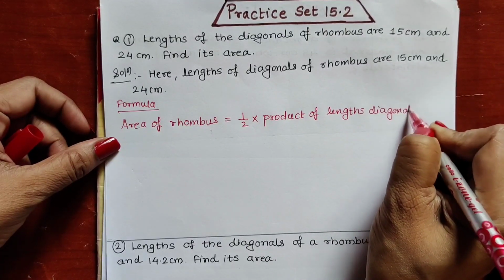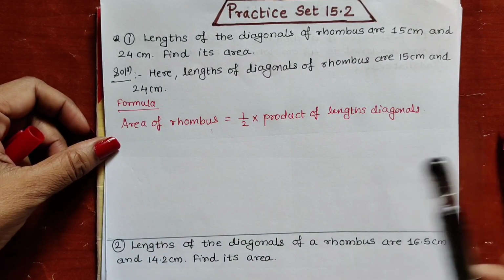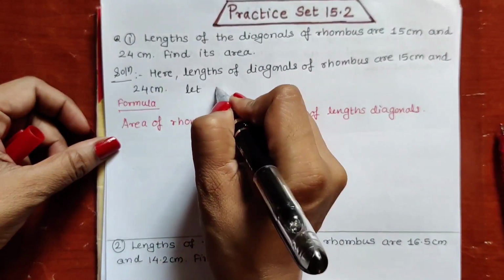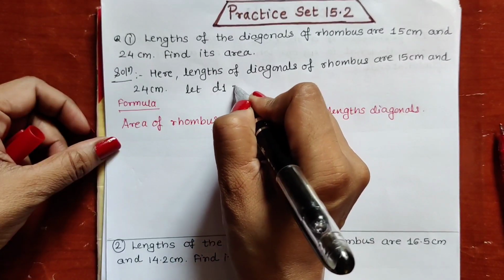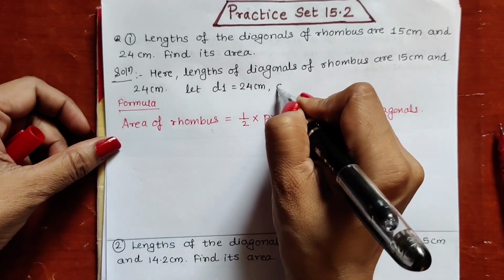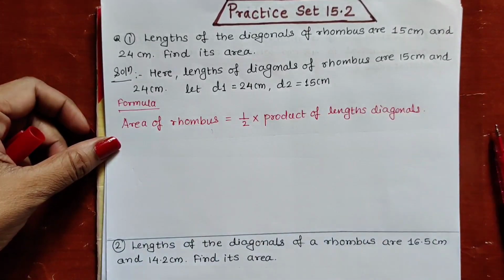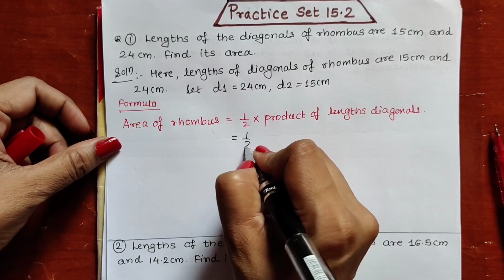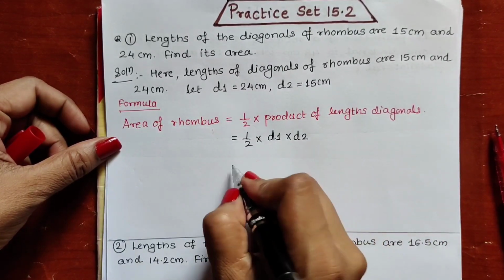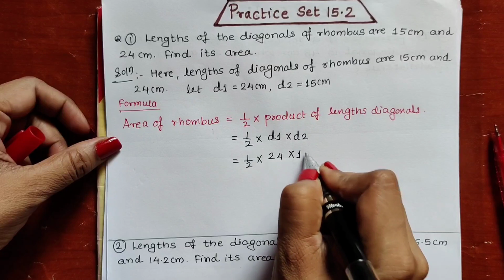Okay, so if 15 centimeter is the length of first diagonal and 24 centimeter is the length of second diagonal, here we can write let D1 be the first diagonal, so D1 is the length of first diagonal, equal to 24 centimeter, or we can write it as 15 centimeter also, and D2 is equal to 15 centimeter. So we can take it as D1 and D2, that will become easy. So half multiplied by D1 multiplied by D2, diagonal 1 multiplied by diagonal 2. So 1 upon 2 multiplied by 24 into 15, or 15 into 24.